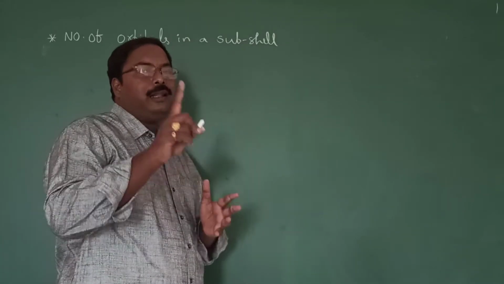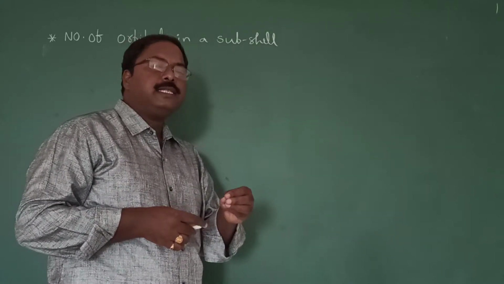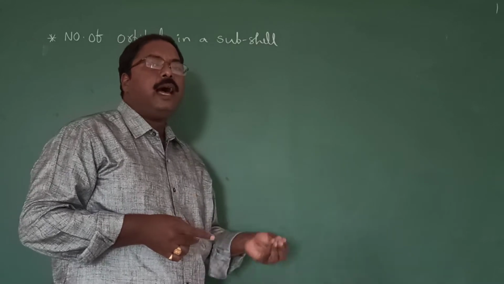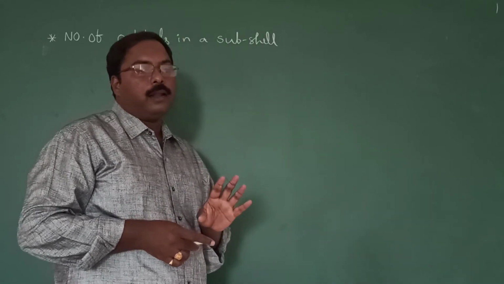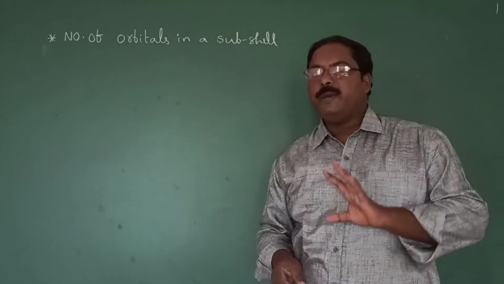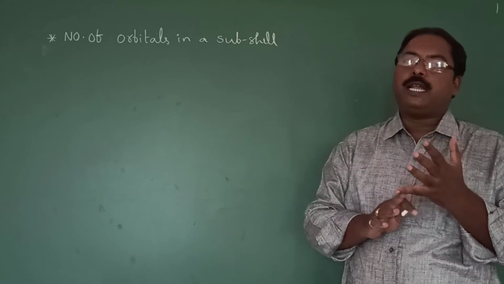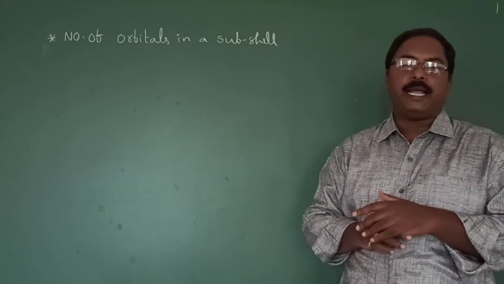For S we got 1 orbital, so in the case of S we can say either S subshell or S orbital, because there is only 1 orbital. But for the P subshell, we got 3 P orbitals.